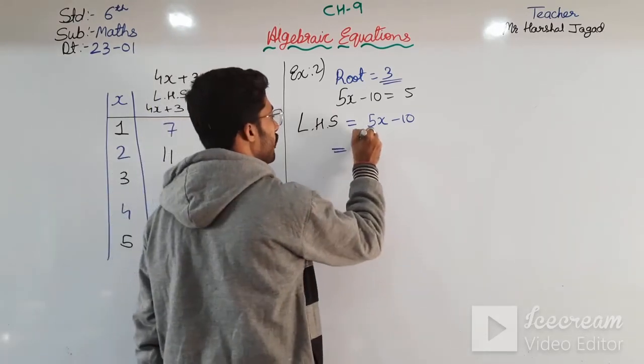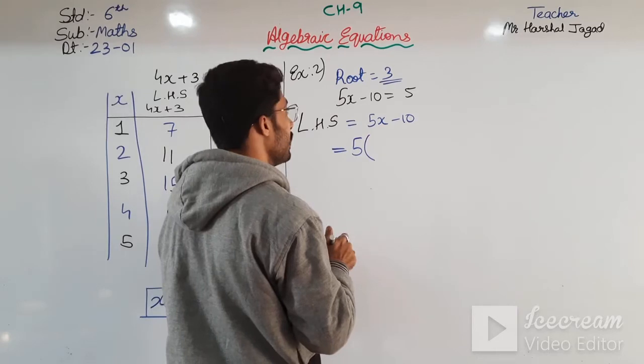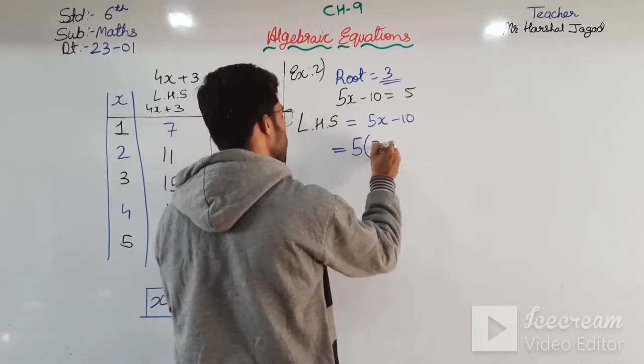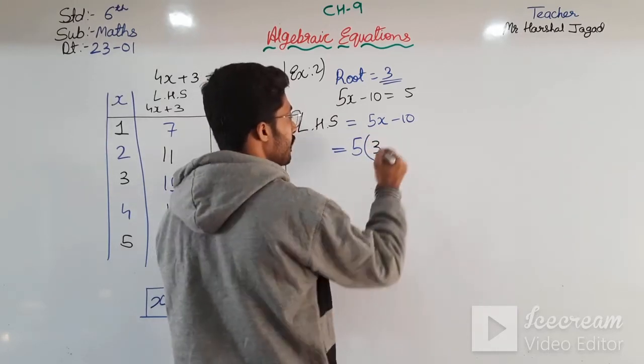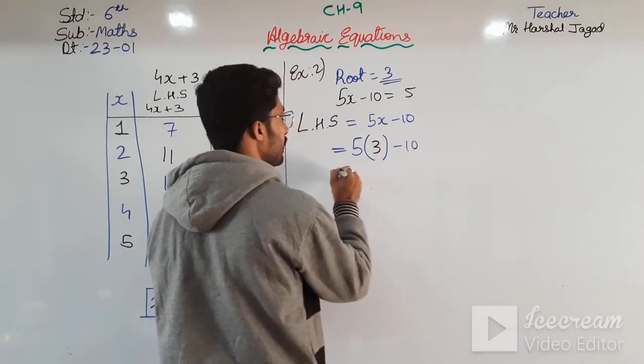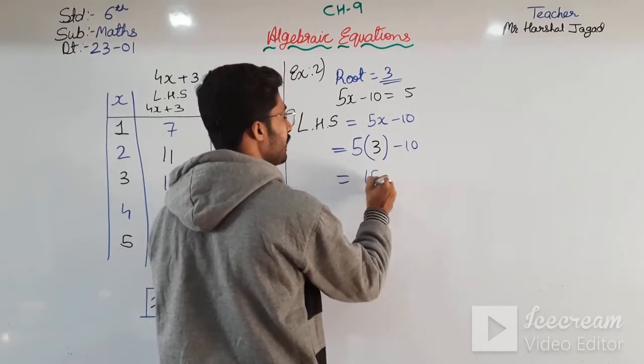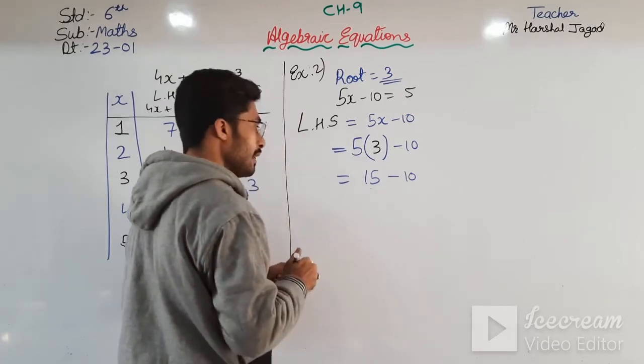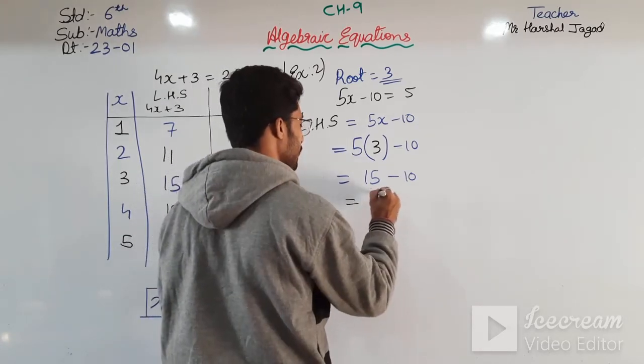So 5 times 3, minus 10. 5 threes are 15, minus 10, that is 5.